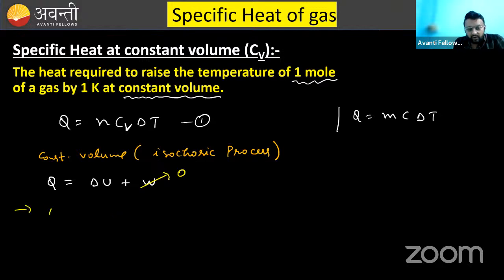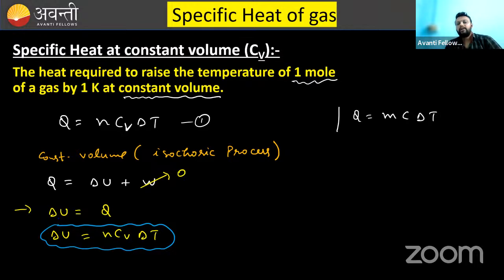So delta U is Q, and Q is N CV delta T. This is again an important result: the change in internal energy of a gas is defined as N CV delta T. Clear? Till now, everything is clear.